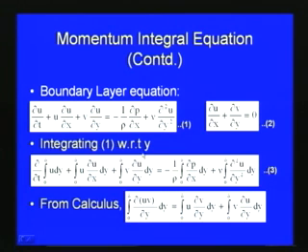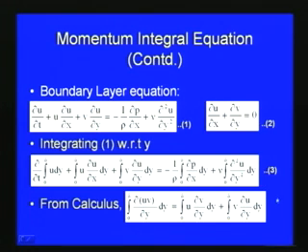Now this is the Navier-Stokes equation in two dimensional form. It is a complicated equation, so we had to use certain techniques to get the momentum integral equation as proposed by von Karman. From calculus we can write integral 0 to delta del uv by del y dy is equal to integral 0 to delta u del v by del y dy plus integral 0 to delta v del u by del y dy.